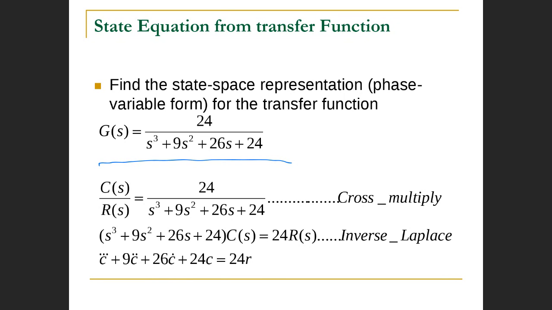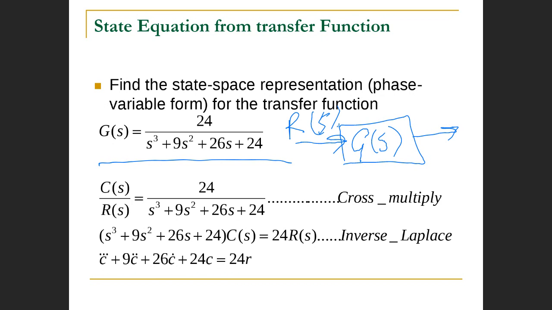Now you recall that for a system, let's call it g of s, there is an input, let's call it r of s, and output c of s. Therefore, we could say that g of s is equal to c of s over r of s.